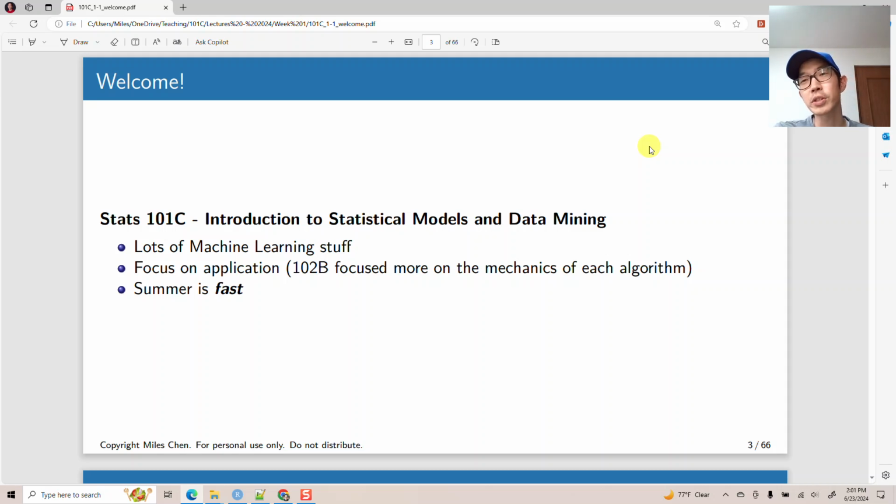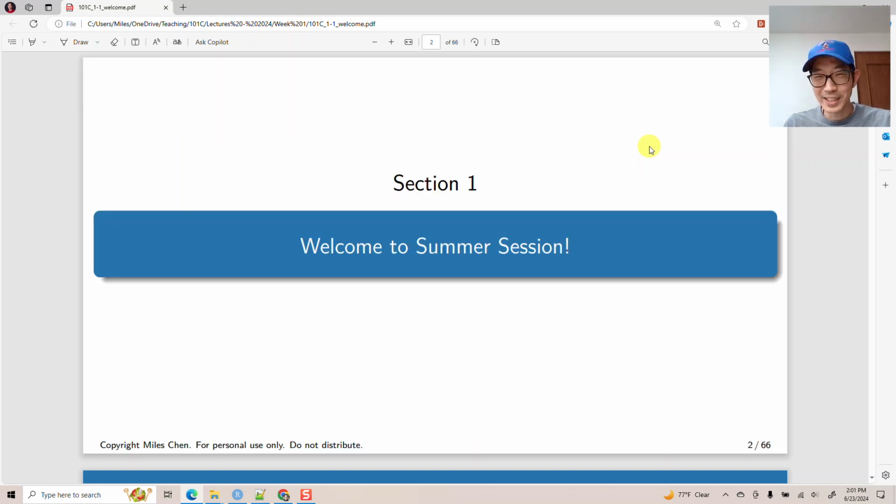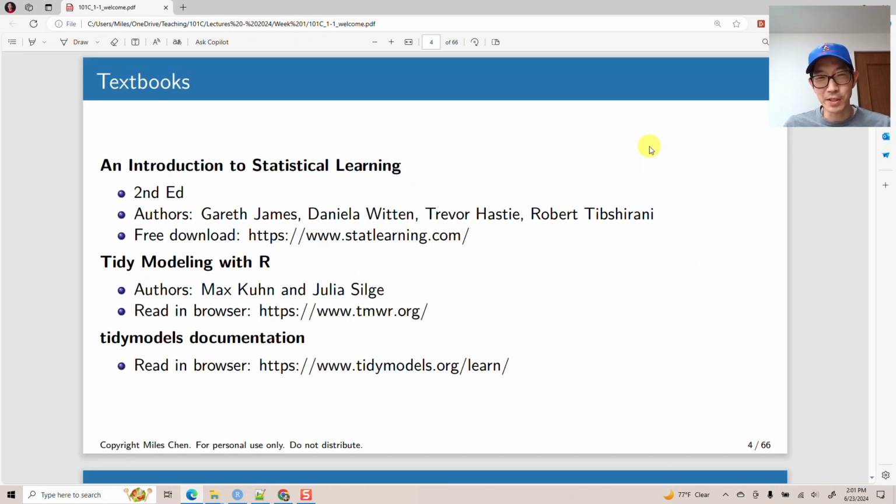One's going to be a regression project and one's going to be a classification project. You're going to want to establish your groups, I would say, by the end of the first week. So then you can start thinking about and start working on those projects. Just move and keep up with all of this stuff.